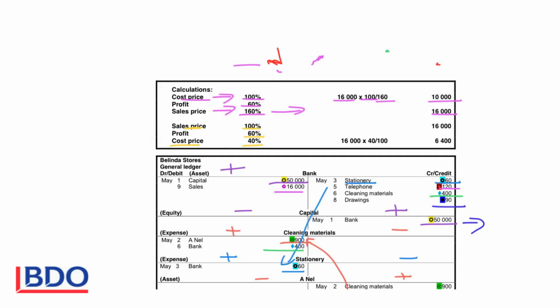The sales price is given as 16,000. So I will calculate the cost price using the 16,000. I want to calculate the 40, so 40 at the top, the one that's known, 100 at the bottom, and that will give me 6,400.